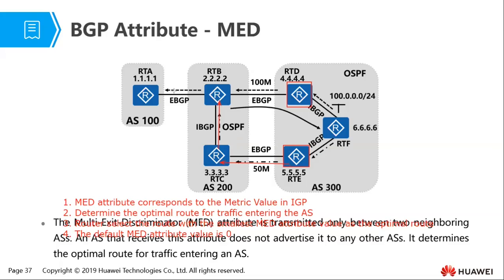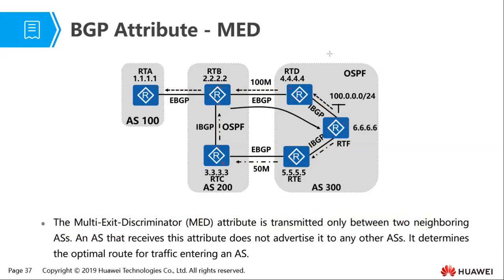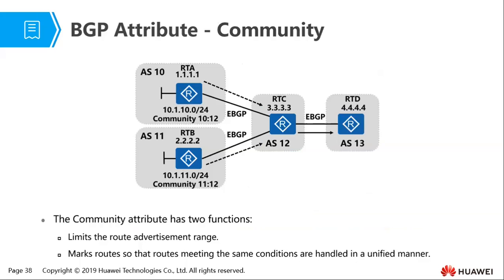Therefore, all the time RTD receives a packet destined to this network, it is simply going to send it to the one with a lower MED value, the multi-exit discriminator. So generally, that is how MED is used to select the optimal route. The one with the smaller MED value is preferred.